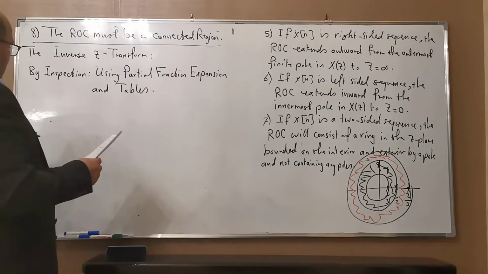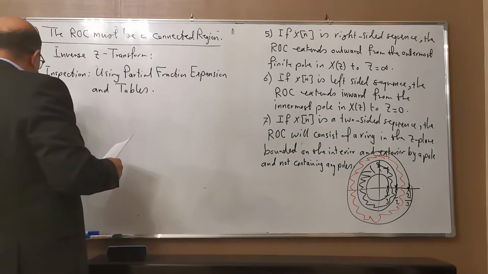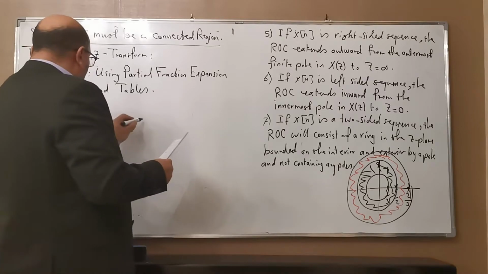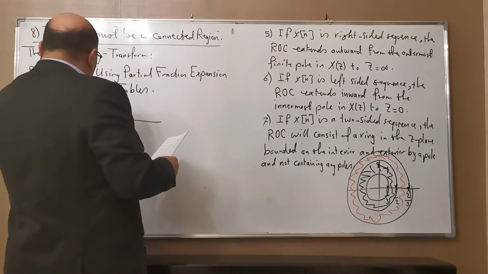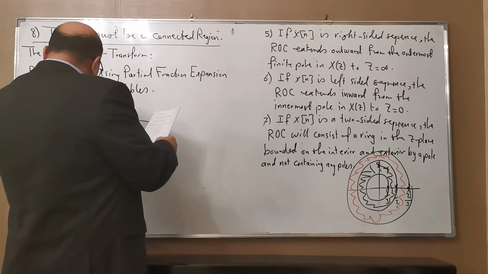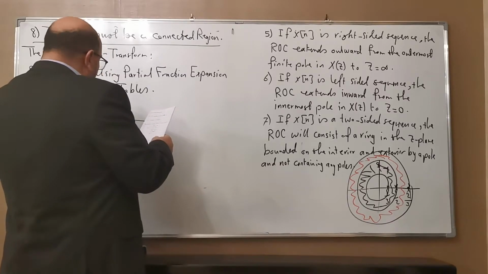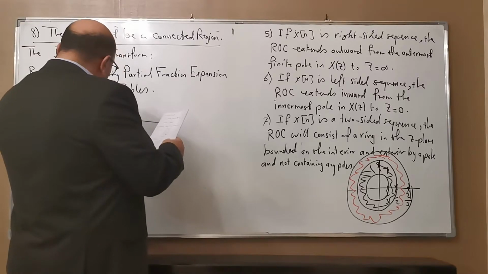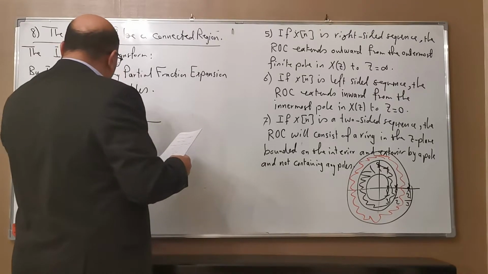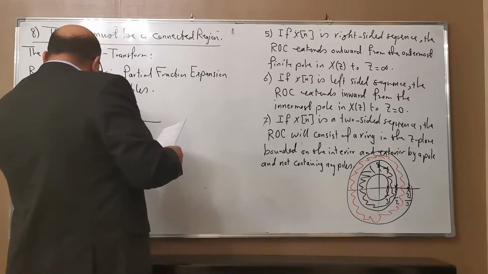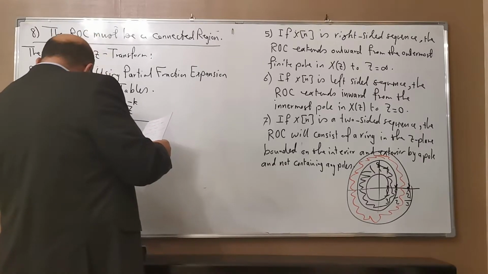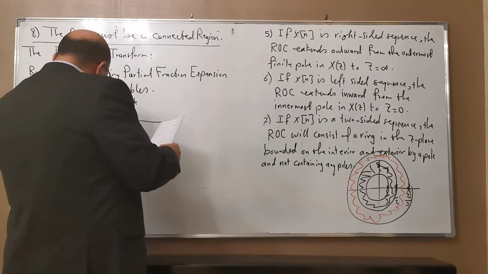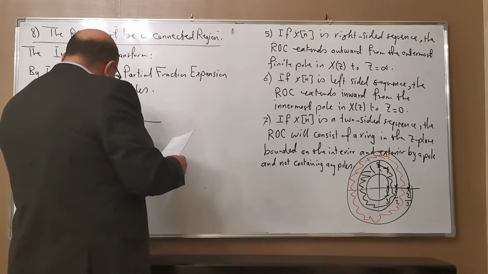Okay, so we will assume that we have X(z) as a rational transform, a rational polynomial in z. You have the summation from k equals 0 up to M of b sub k z to the minus k, divided by the summation from k equals 0 up to N of a sub k z to the minus k.